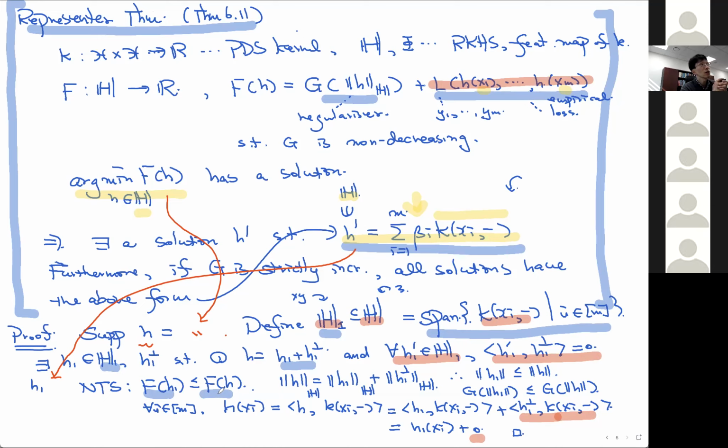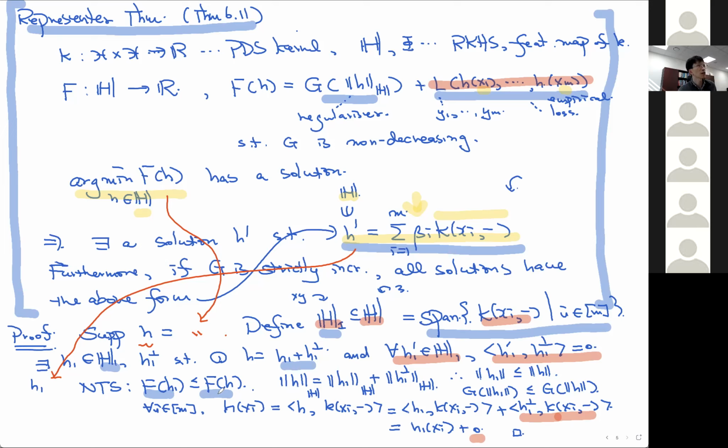So the representer theorem says that if we have an optimization problem formulated over the reproducing kernel Hilbert space, of the typical form that we have been studying so far, a regularizer in terms of size plus the empirical loss in terms of examples in the sample, then whenever that optimization problem has a solution in this rich space, it also has a solution in a much more restricted space expressed in terms of examples.